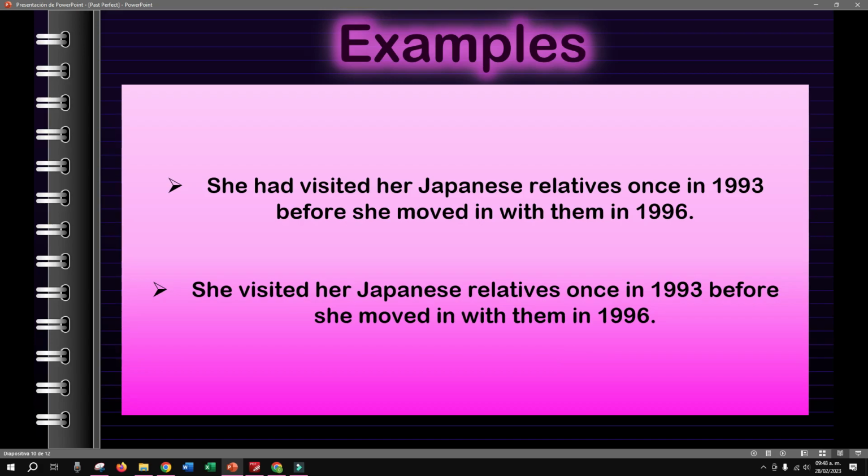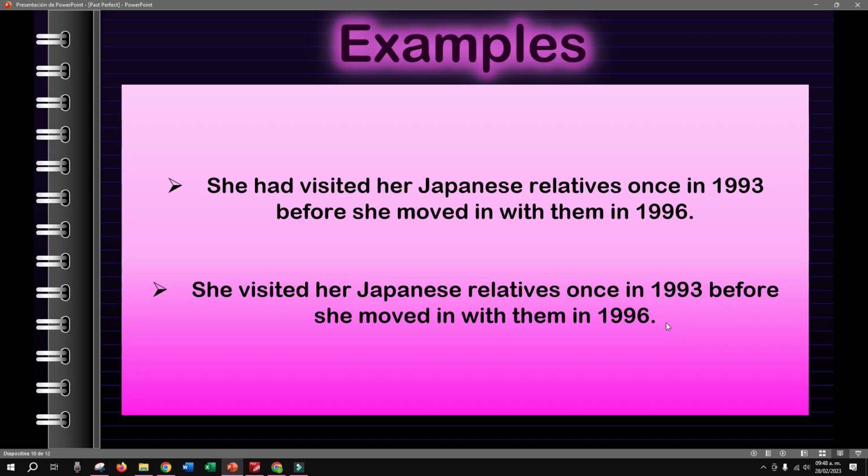But that's different because she visited her, right? That's a past action that already finished, right? Because you are using the what? Simple past. She visited, no, had visited her relatives once in 1993, right?